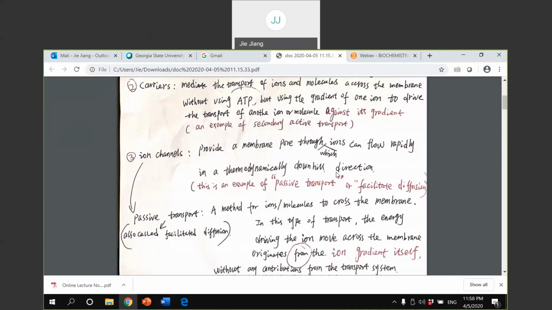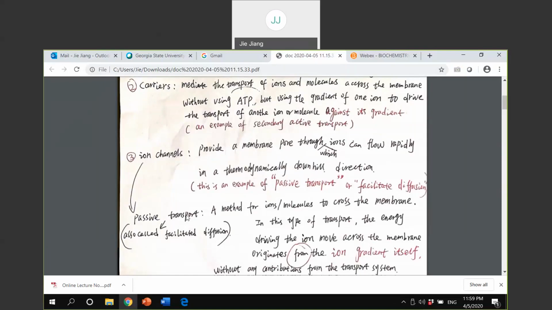Which means this is a channel, right? There are some pores, and through these pores the ions can flow, from a higher energy side to a lower energy side. So the downhill direction means from high energy to lower energy. And these ion channels are an example of passive transport, also called facilitated diffusion.